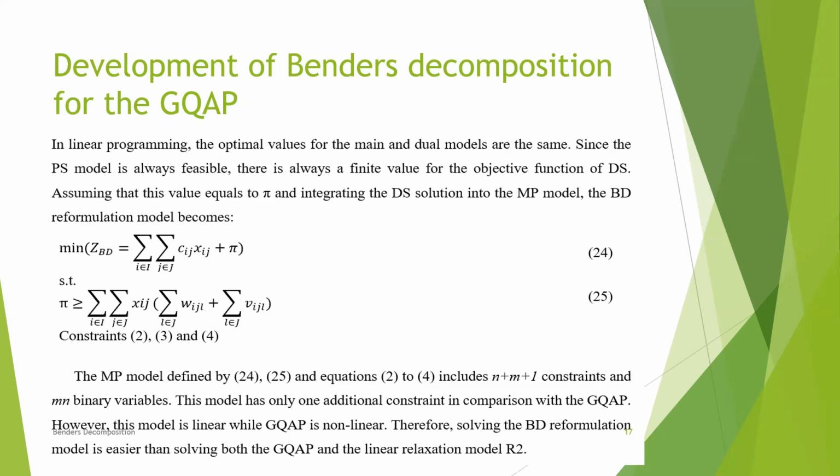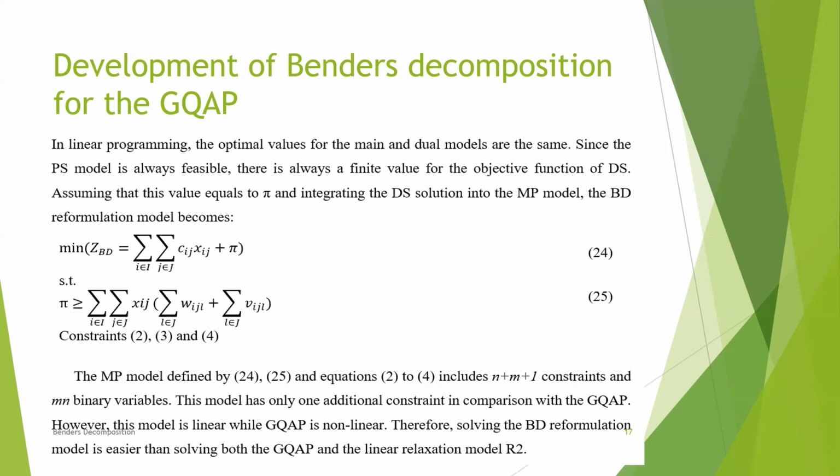So in the Benders decomposition, at each step, we need to first define a random feasible solution for Xij, and then run the dual of the subproblem to estimate the variable P, and then we run the final master problem.